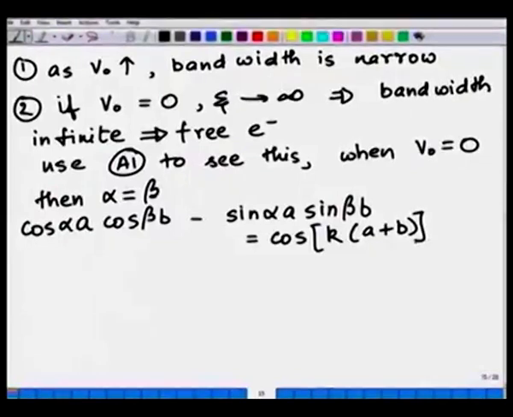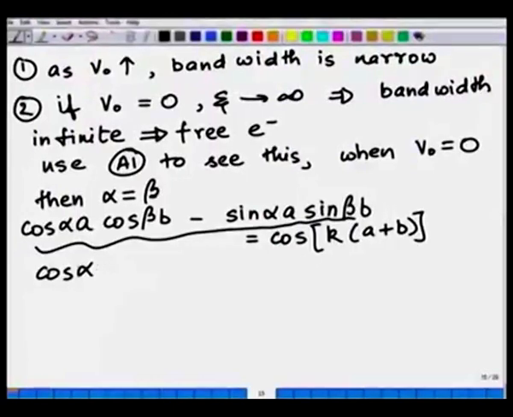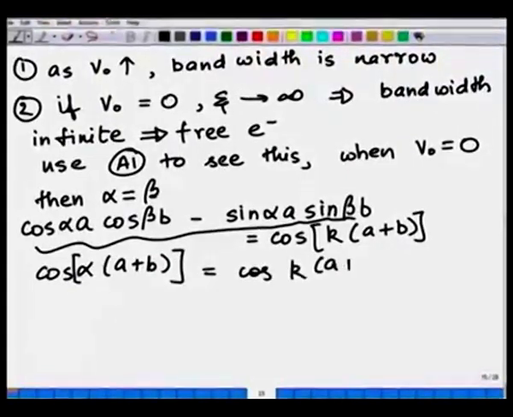That means if I look at this, then this quantity is cos of what? Alpha(a plus b), cos of alpha(a plus b), equal to cos of k(a plus b). What does that mean? That means alpha is equal to k, and that means energy.